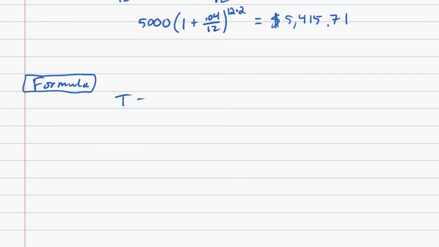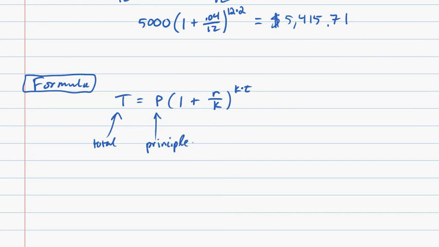The total is going to be... alright, so I'll write these different parts here. This is the total. This is called the principal. This is what I always mix up the spelling here.